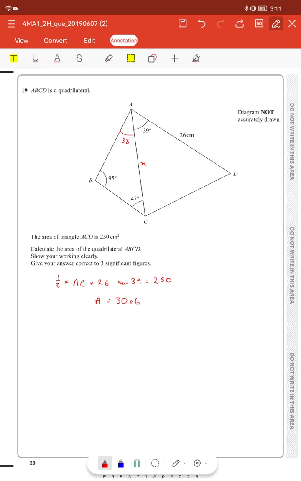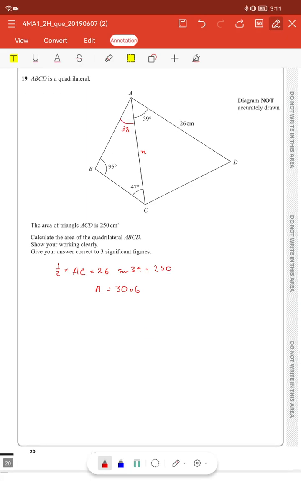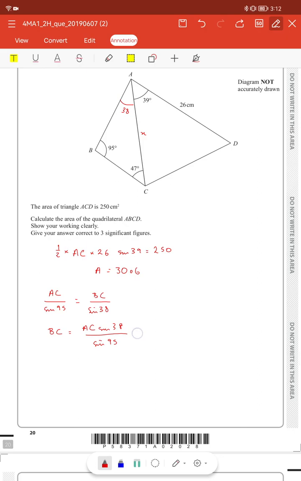And now we need to find another length. So I know that AC over sine 95 would equal BC over sine 38. So BC would equal AC sine 38 over sine 95. And that would give me a different value. So BC would equal 18.8.